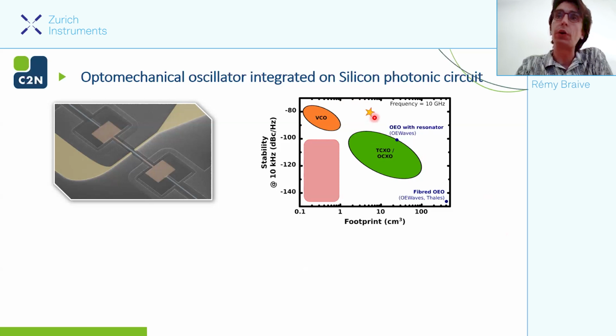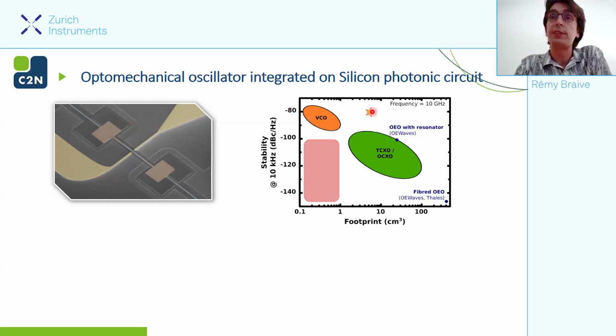So here, currently, the measurement I've just shown you is around this point. Because again, for the footprint, we need to use 200 meters of fiber, and the phase noise, when we report it at 10 gigahertz, we need to have a conversion factor that brings us up to minus 80 dBc per hertz.